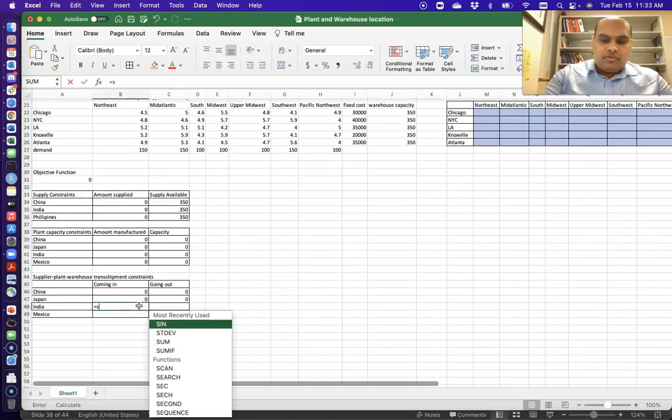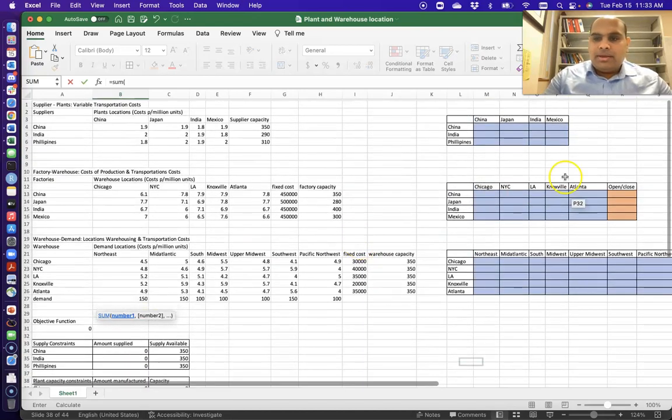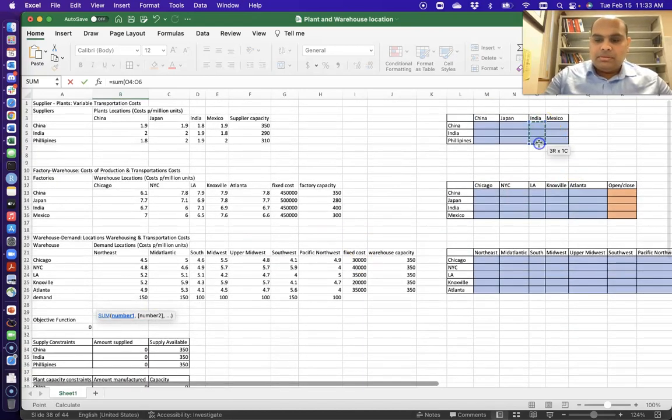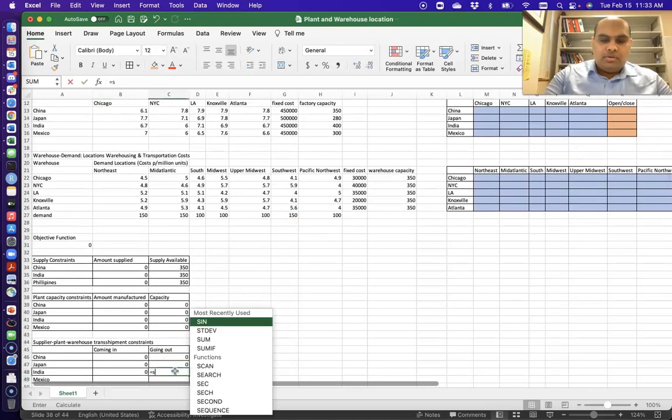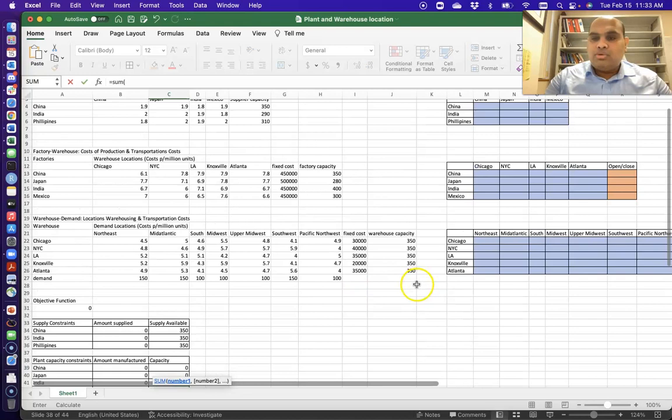Next, sum of everything coming in to the Indian plant should be equal to the sum of everything going out of the Indian plant.